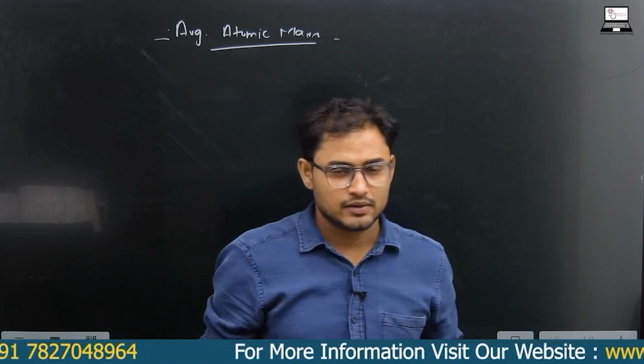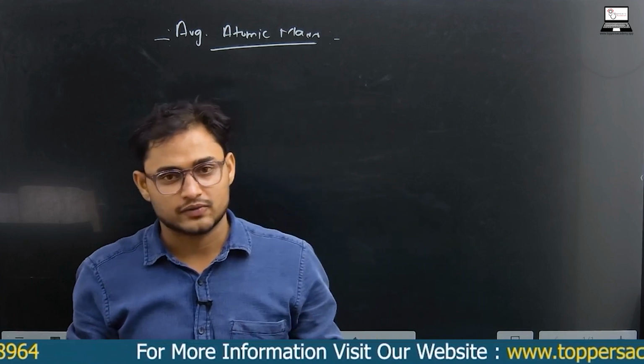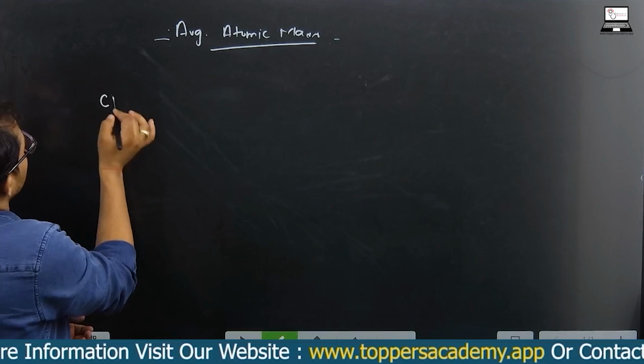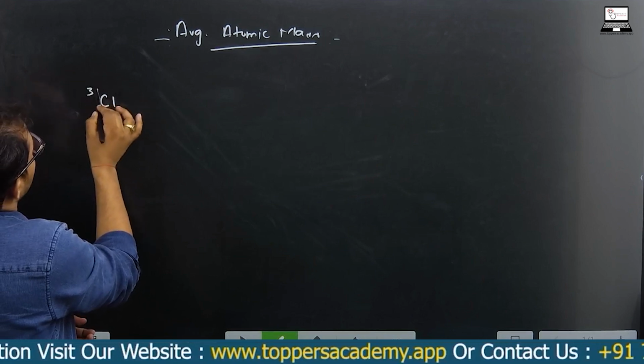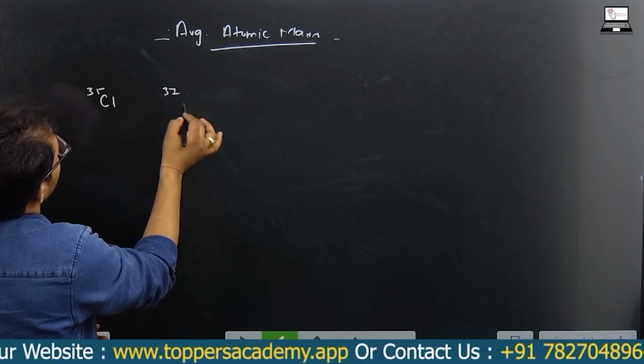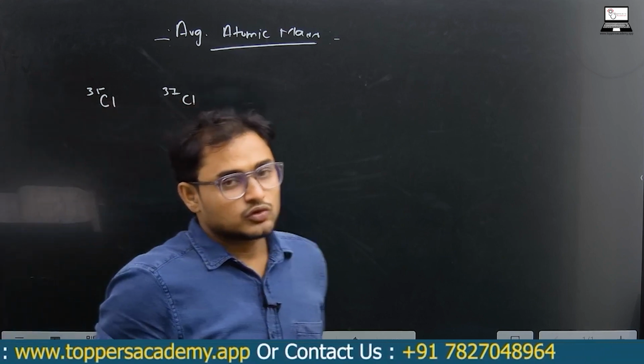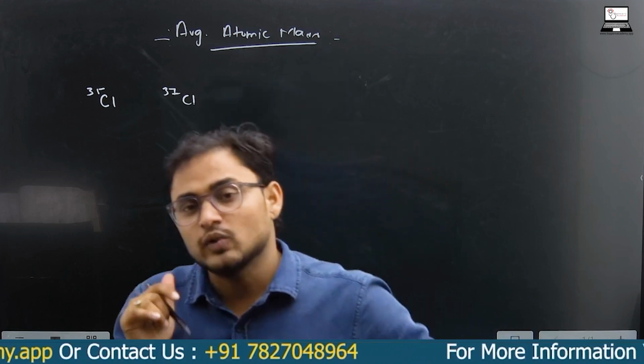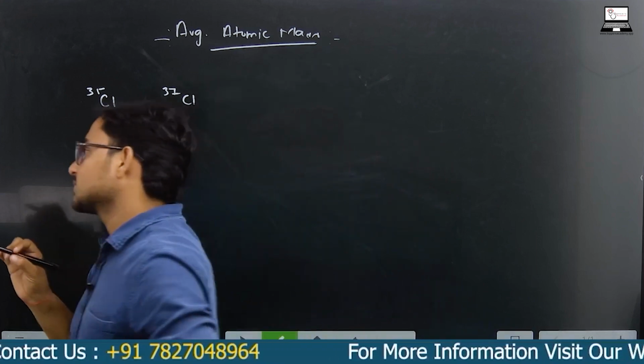Different atoms have their own different isotopes. For example, chlorine is available as 35Cl and 37Cl, right? So what is the average atomic mass? It will depend on the abundance that is present.